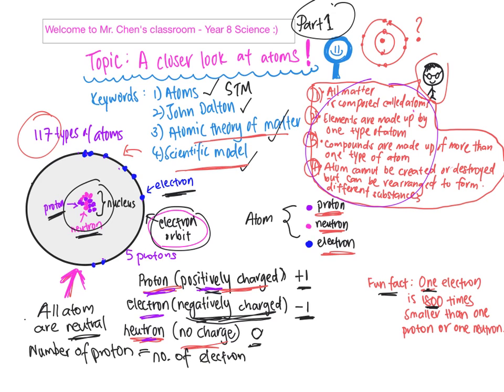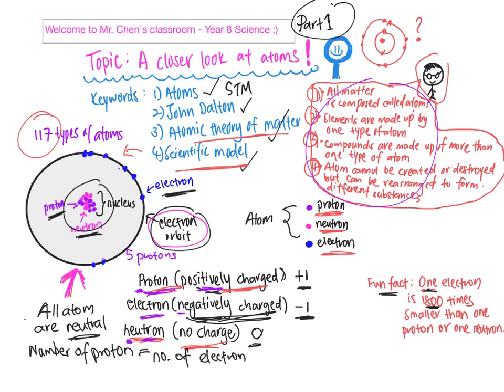Protons are positively charged. Remember that easily: you just look at the P. The P stands for positive, so positive proton. And electrons are negatively charged subatomic particles. And neutrons have no charge.